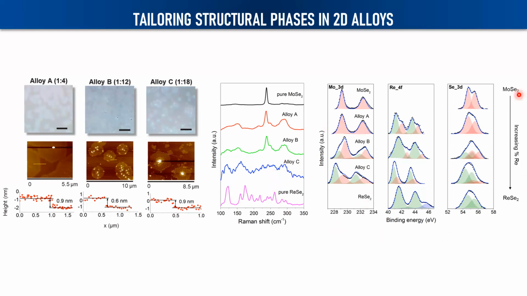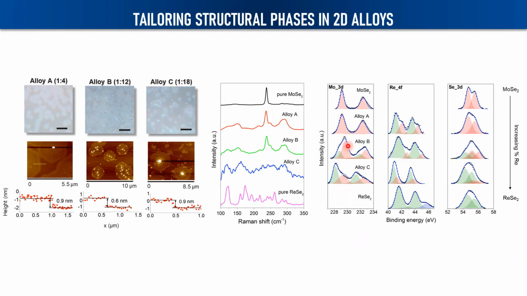And we can also substantiate these results by using XPS. In XPS, because the crystal field is different, the binding energies are also going to be different when you have a 2H phase coordination, or when you have the 1T or 1T prime phase coordination.